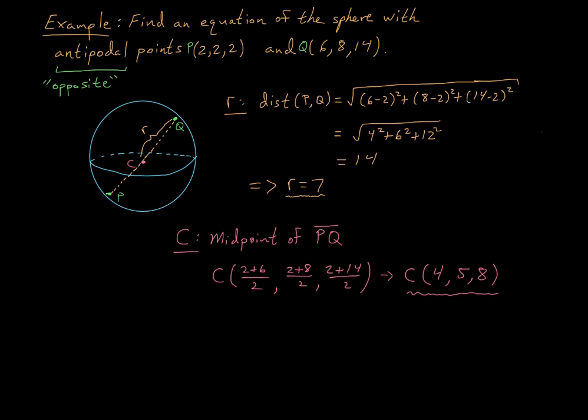So now let's put that all together down here, right? So for our sphere, we will have for its equation, it would be the quantity x minus the x coordinate of the center, that's (x minus 4) squared, plus the square of the difference between y and the y coordinate of the center, so that'd be (y minus 5) squared, and then we got finally z minus the z coordinate of the center, that's (z minus 8) squared, and that's going to equal, well, the square of our radius, which would be 49, right?